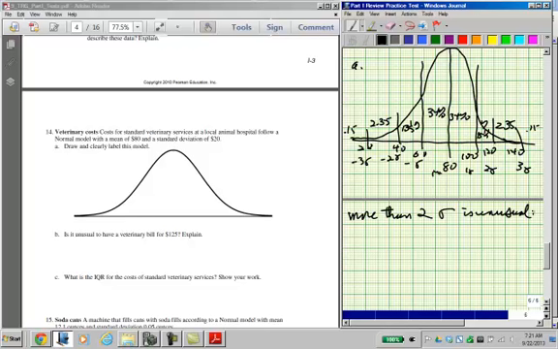What is the IQR for the costs of standard veterinary offices? Okay, let's do C, IQR of costs.